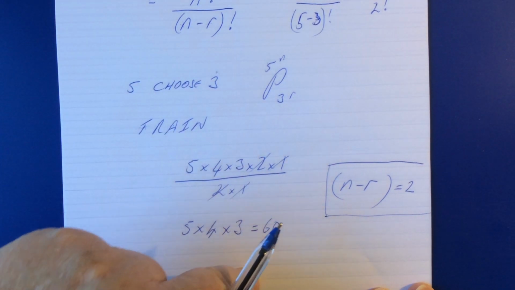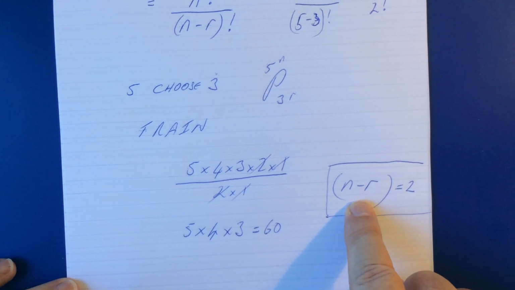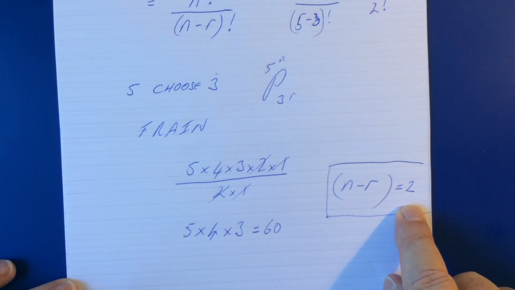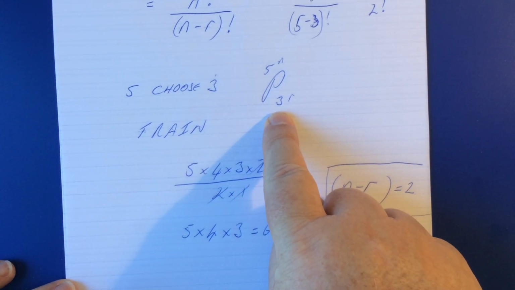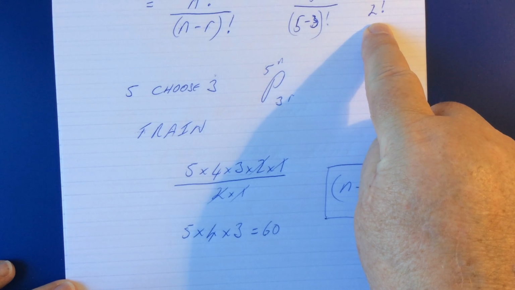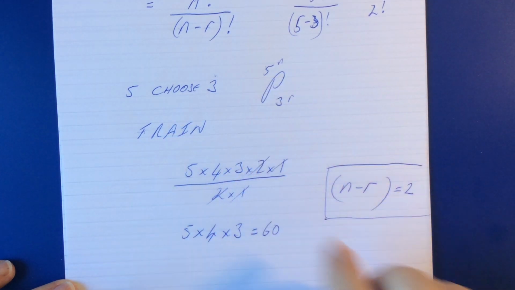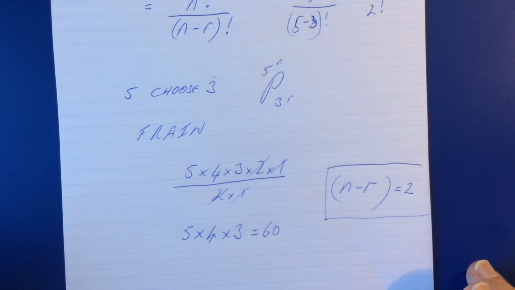So there are 60 ways in which you can choose 3 letters from the word train and arrange them. Okay, and just to note here that n minus r in this case is equal to 2. Don't see that number there and put 3 down here. It is actually that number minus that number. Okay, there's an introduction to permutations.